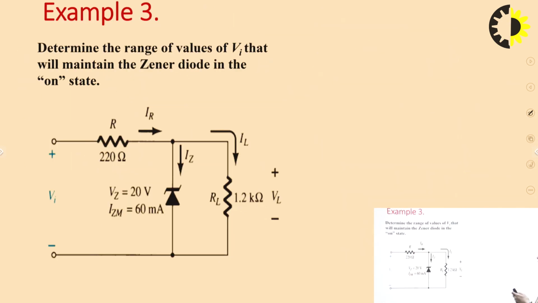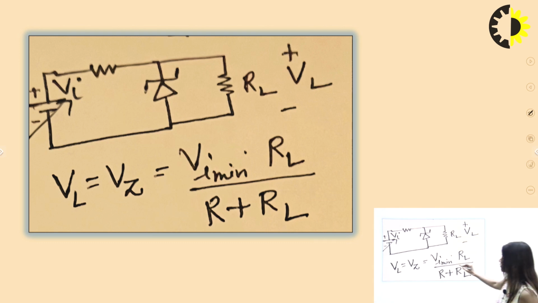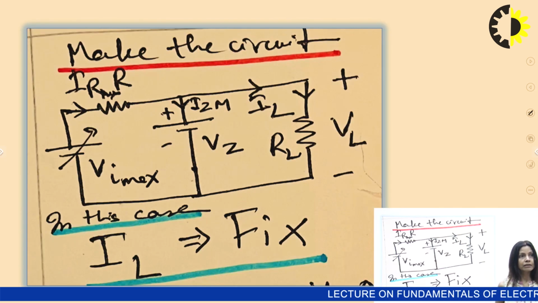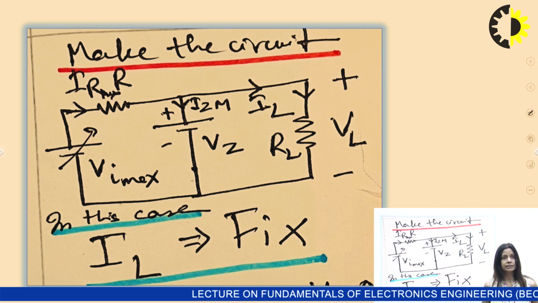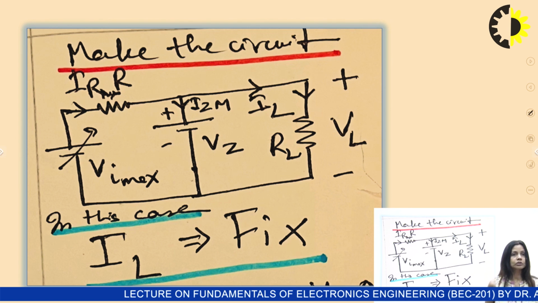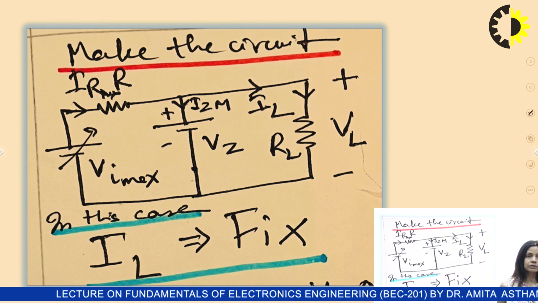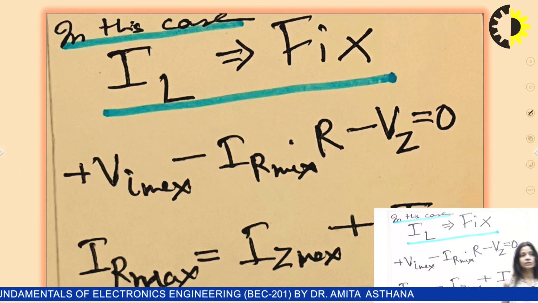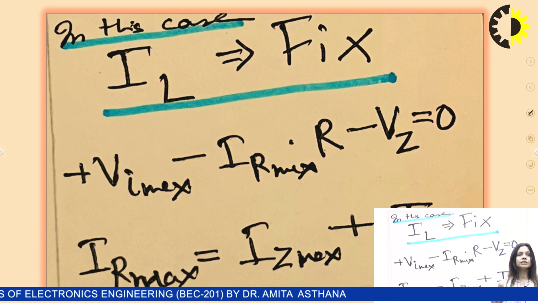In short, first of all, you will get the Vi minimum part: Vi minimum into RL upon R plus RL. Apply this particular formula and then make the circuit. Also remember, in this case, IL is at a fixed value. Write these equations, and you are done with this part.